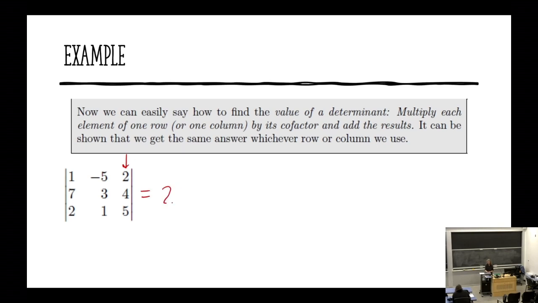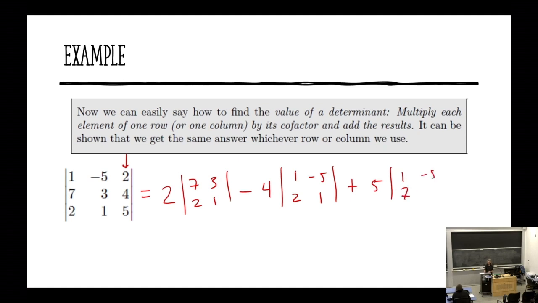This is just equal to 2 times 7, 3, 2, 1, minus 4 times 1, -5, 2, 1, plus 5 times 1, 7, -5, 3. Then you can go through and do your 2 by 2 determinants. That's easy to do, and you'll end up with 148.